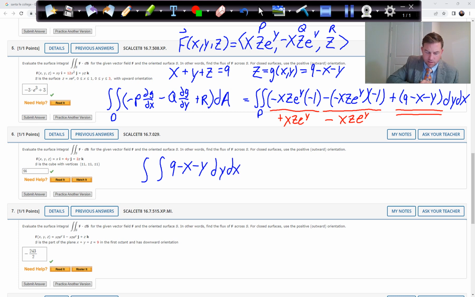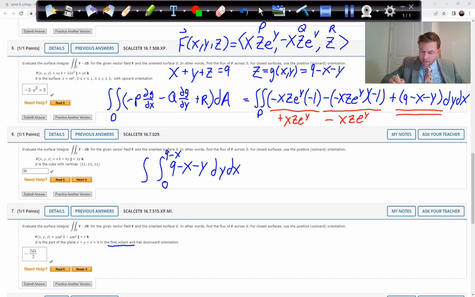Now the limits we have to get from thinking about z. So it says in the first octant, so if z is 9 minus x minus y, if we imagine in the first octant, the way that's going to look is a straight line when z is 0, and the line is going to be described by y equal to 9 minus x.